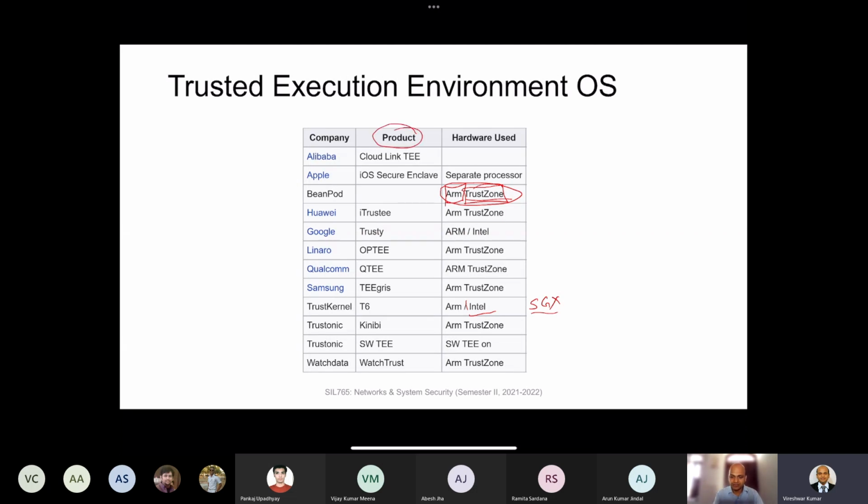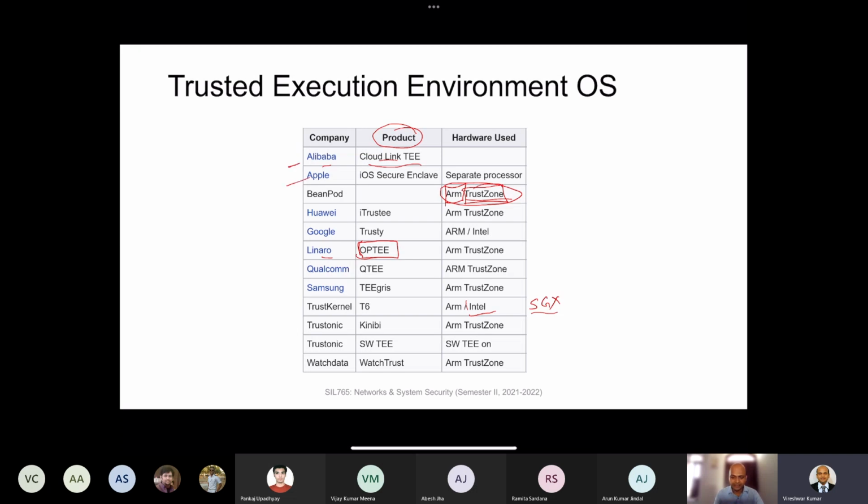And now, which are those trusted OSs? Different companies have different OSs, so let me just talk about some famous ones. OP-TEE is very popular for embedded devices. In our lab we utilize OP-TEE for a variety of testing directed towards IoT devices, so we utilize it quite often.